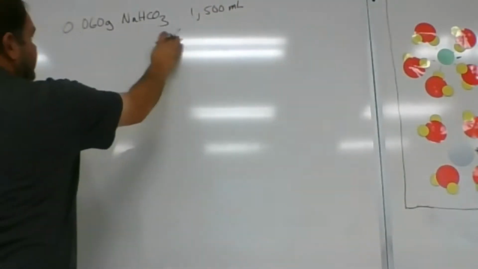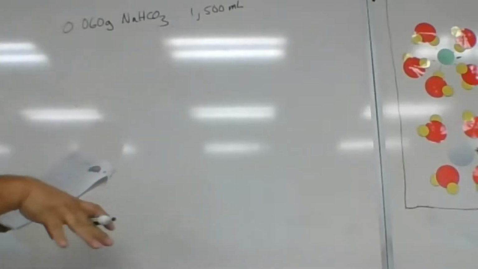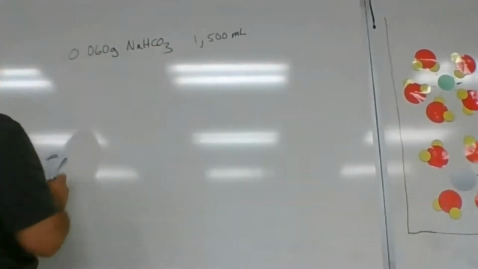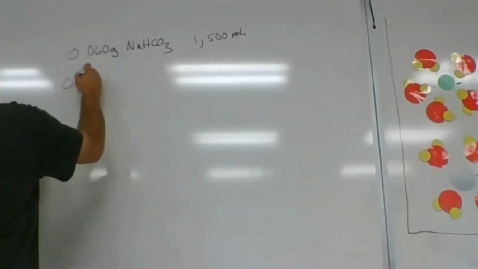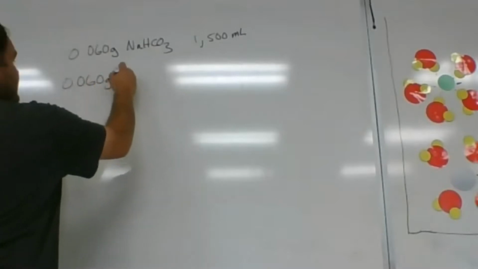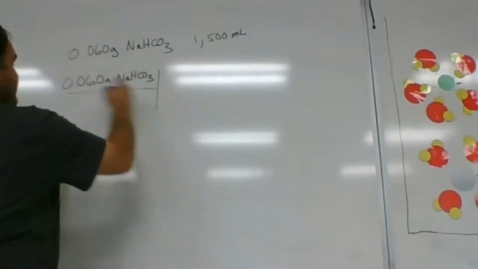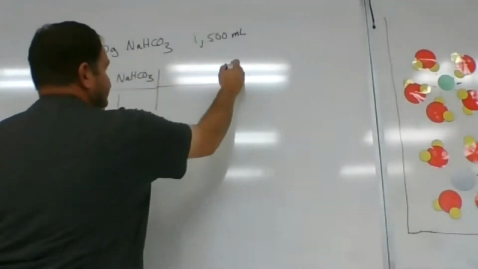So again, I need to convert my mass to find the molarity. I got to convert, hopefully you see that, my mass into moles. So I'm going to take 0.060 grams of sodium bicarbonate, set up my dimension analysis problem.